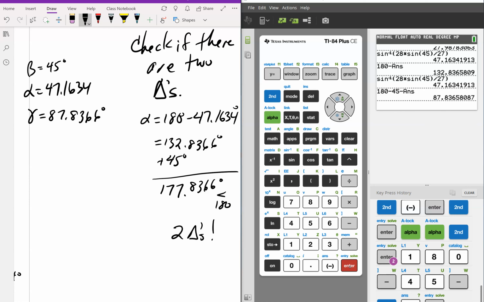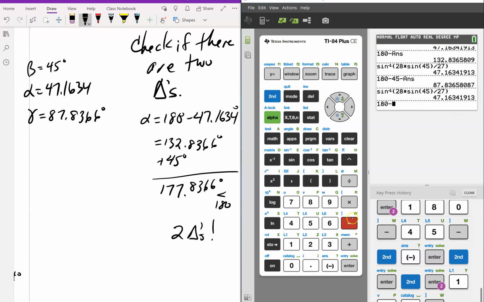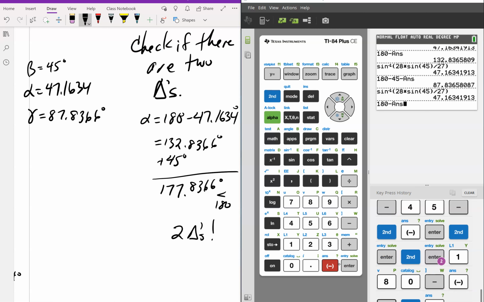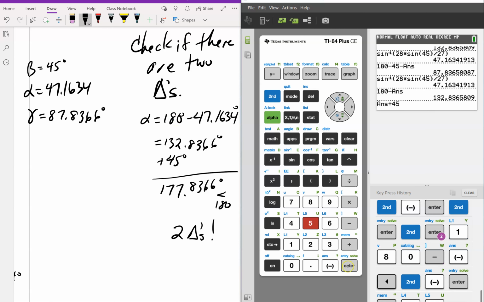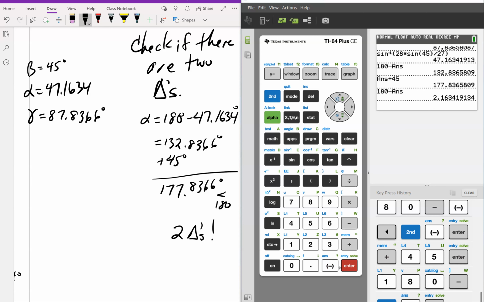We also could have, let's go back up again to grab this entry. This was our other potential alpha, 180 minus that, which is the 132. We added the 45, that was the beta, and now we subtract it from 180. The other possible gamma is that small one.